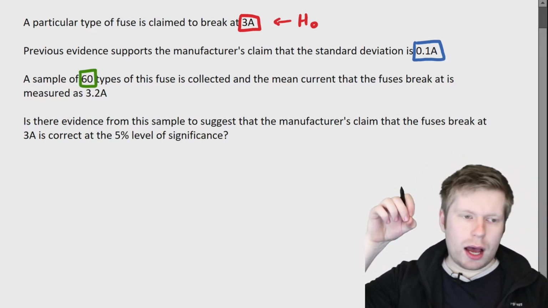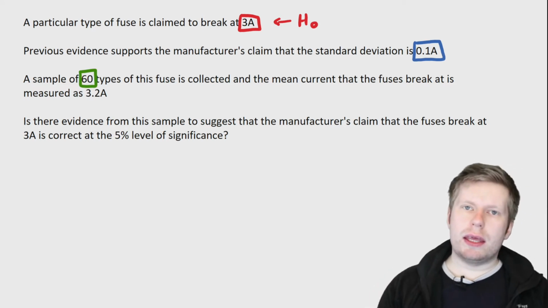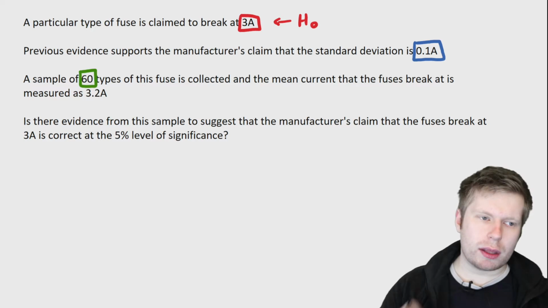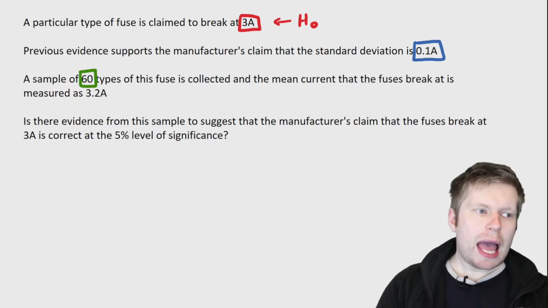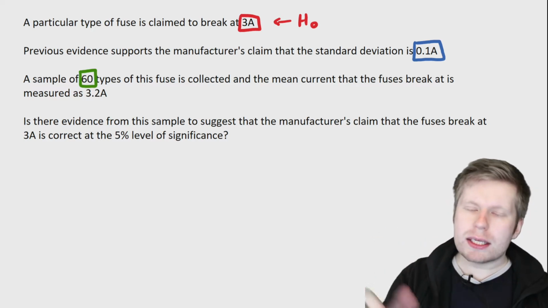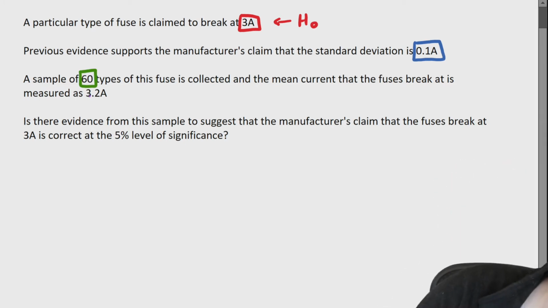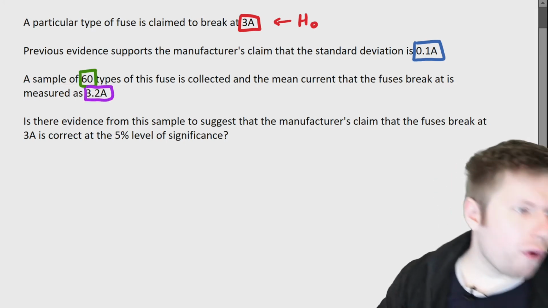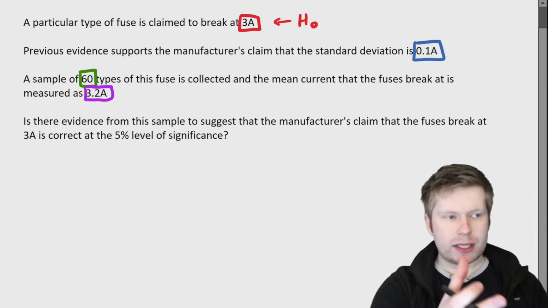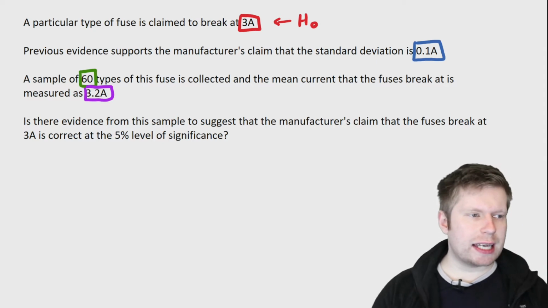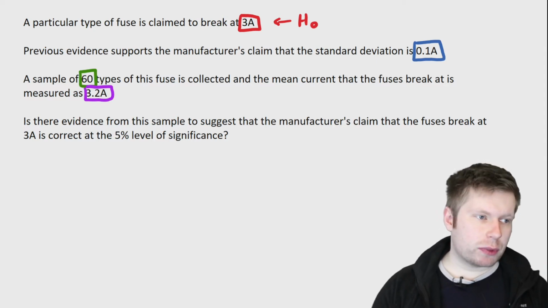In other words, we stick an amp meter in the circuit and measure the amperage running through the circuit, and see at which point each of these fuses breaks. And we find that the average current that the fuses break at, with our sample size of 60, is 3.2 amps.